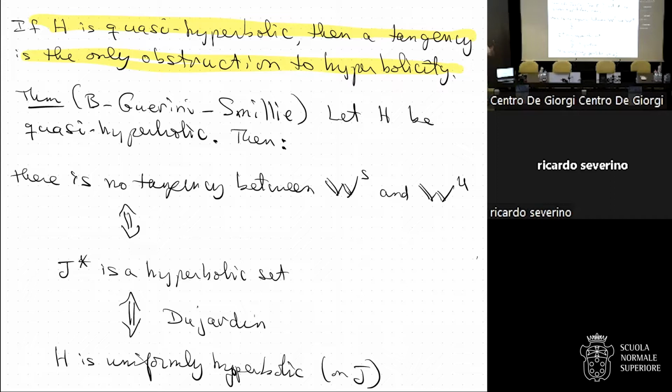Well, the theorem is you've got to be quasi-hyperbolic. And so partly the theorem is when we're talking about horseshoes, we're not in the hyperbolic case, so we know that there has to be a tangency. So in other words, if you have something that's a degeneration of a horseshoe, it automatically has to have a tangency.